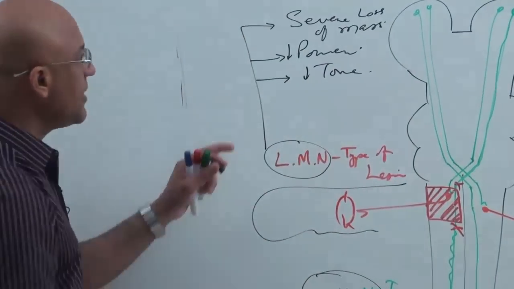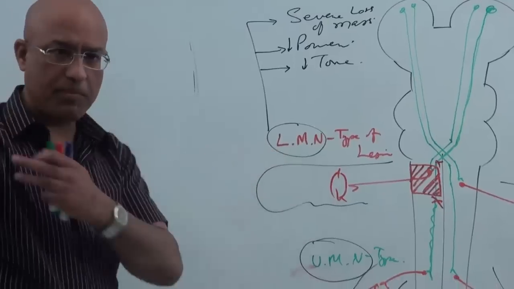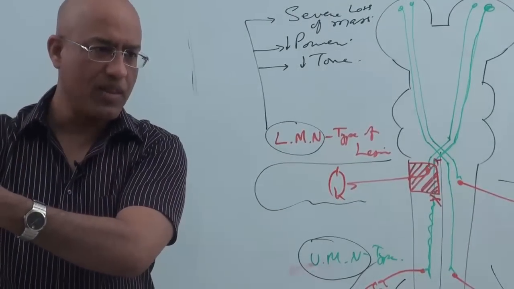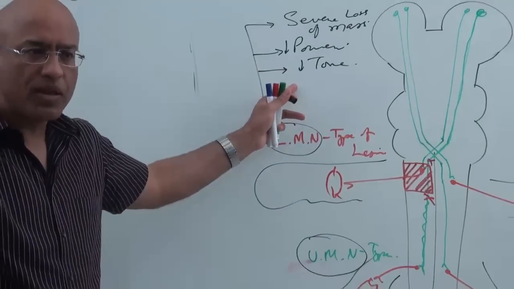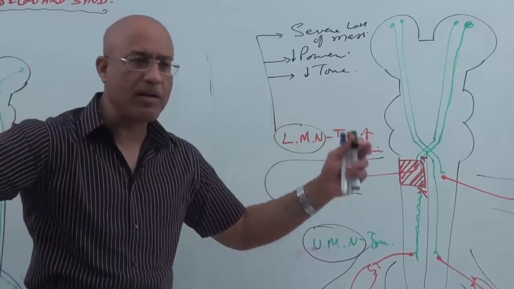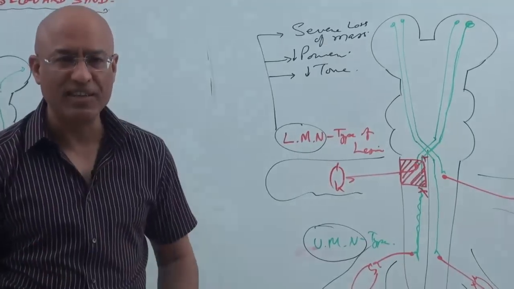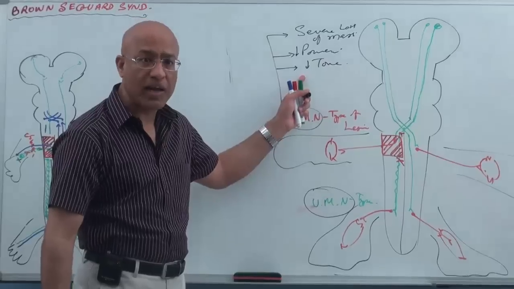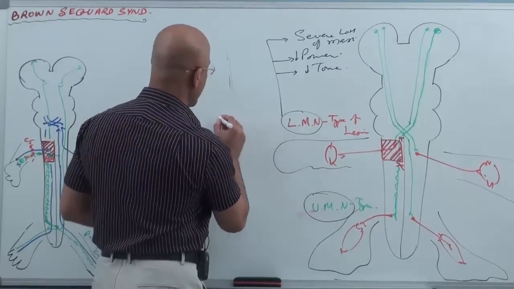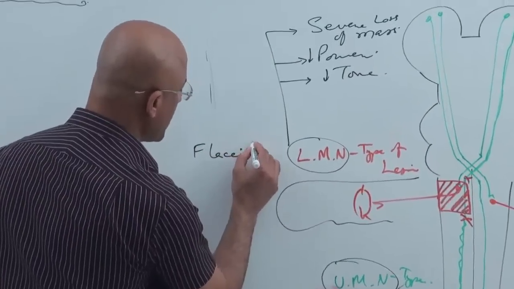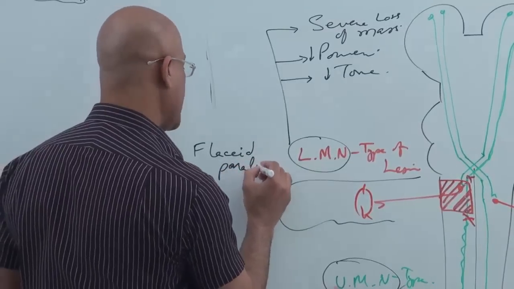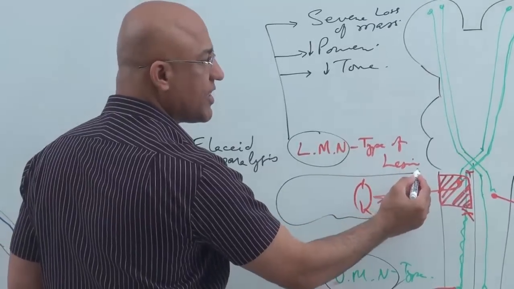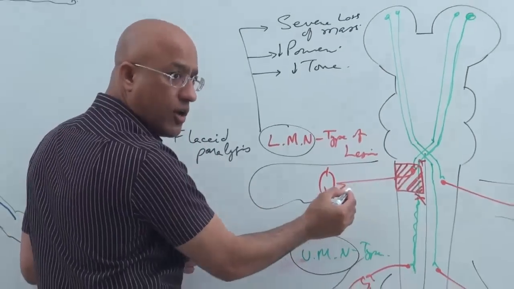So this patient has in the upper limb severe loss of mass, severe loss of power, and severe loss of tone. So the upper limb will become flaccid, hypotonia, flaccid. We also call it flaccid paralysis. What do we call it? Flaccid paralysis.